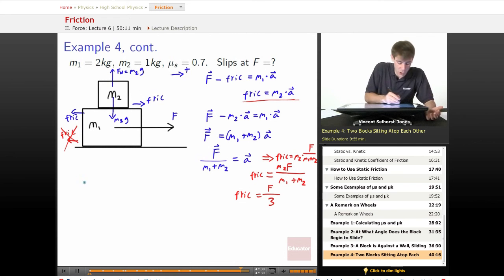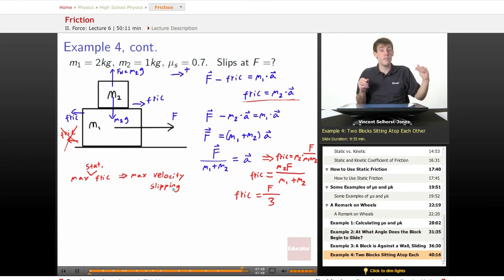Remember that it's going to have maximum static friction, because we're static here. Maximum static friction is going to be the maximum acceleration without slipping. So once again, it's that razor's edge. The minimum acceleration for slipping is going to be that flip over point, where the maximum without slipping is the same as the minimum of slipping.